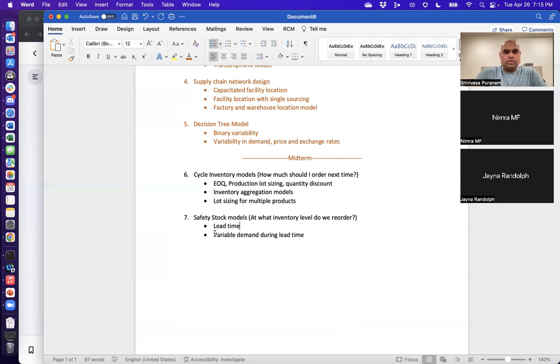Variable demand, reorder, lead time, and reorder point. The concept of lead time and reorder point, and then the reorder point when there is variable demand during lead time.